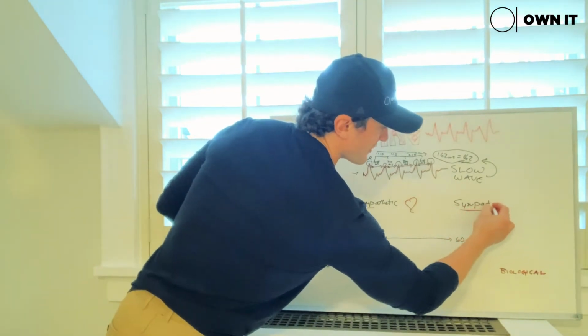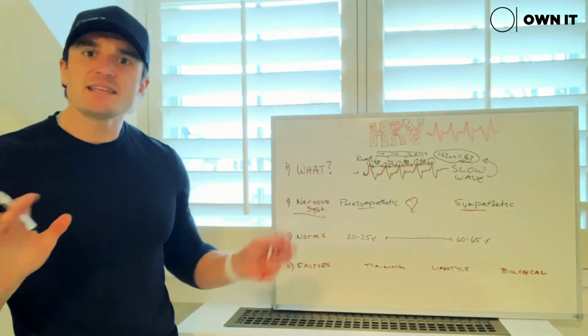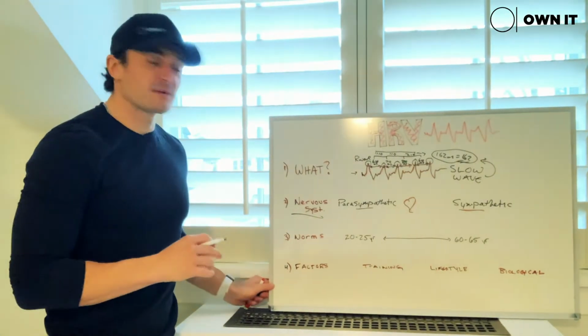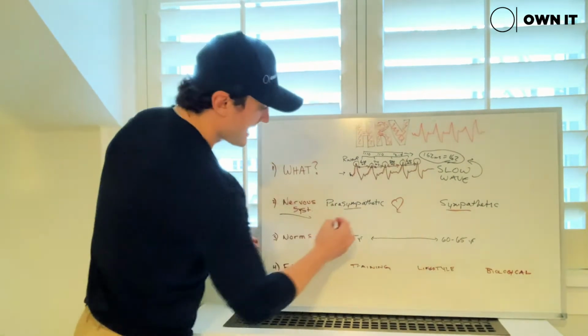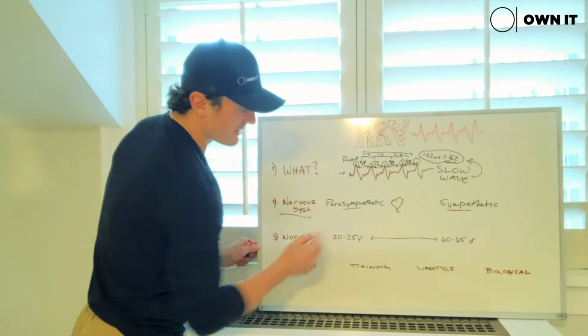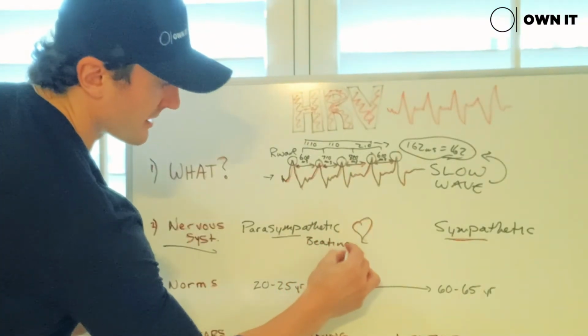Now, I know what we're thinking. Sympathetic, oh, that must be nice, kind, easy, light. Parasympathetic must be the opposite of that. Forget that. Parasympathetic is when our heartbeat, that's a nice heart in the middle, is beating slowly.